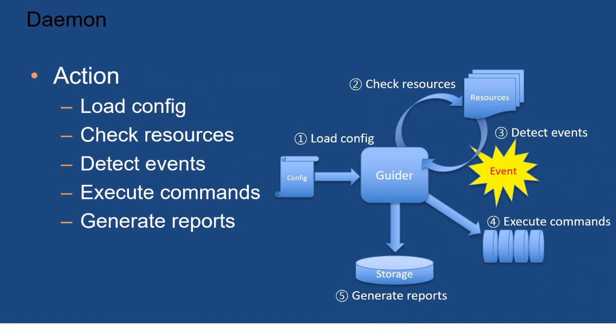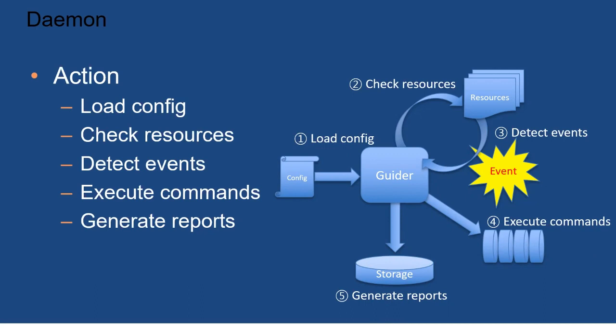First, the Guider daemon loads the config file during initialization and registers resource thresholds for each defined event and commands to handle them. After that, the target resource usage and other states are periodically saved and checked, and if the status meets the condition of specific events, then events are generated.